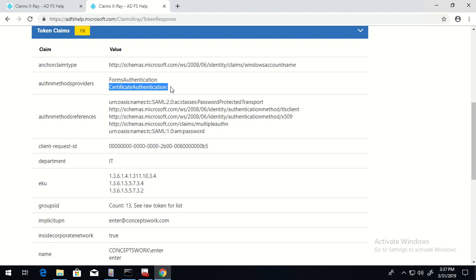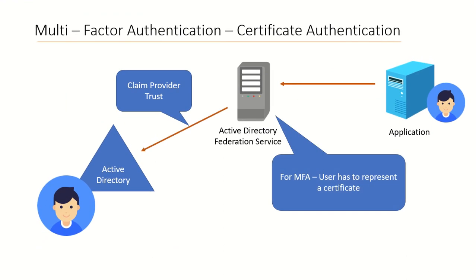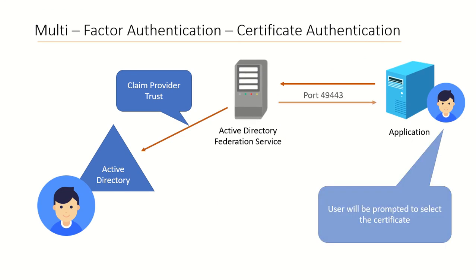So now if we talk about the flow of what exactly happens when you choose certificate authentication. For certificate authentication, all a user has to do is he or she will be presented to choose a certificate on port 49443.